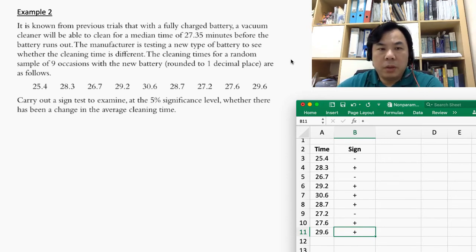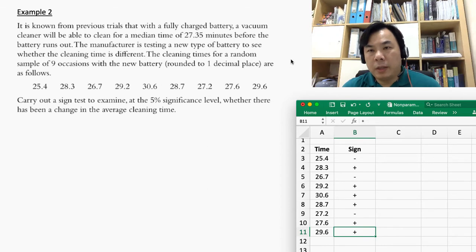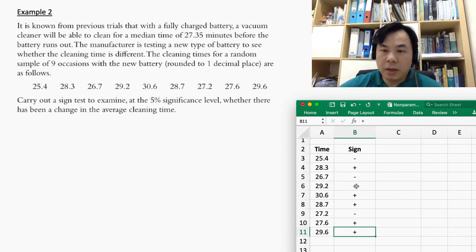Now we need to carry out a sign test to examine at a 5% significant level whether there has been a change in the average cleaning time. So the time durations that it takes for the vacuum cleaner to last. As usual, by using all the data observations, you can create the sign here just to observe.